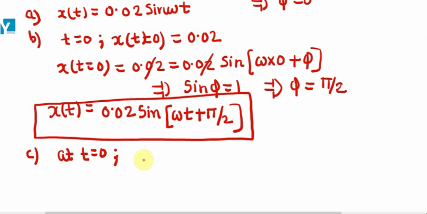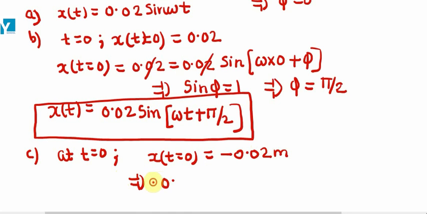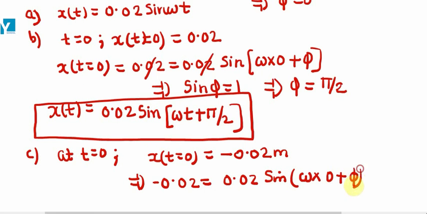Maximum compressed position means it will be at its left extreme, so at t equal to 0 its displacement will be minus 0.02 meter. This implies minus 0.02 meter is equal to 0.02 sin of omega into 0 plus phi.